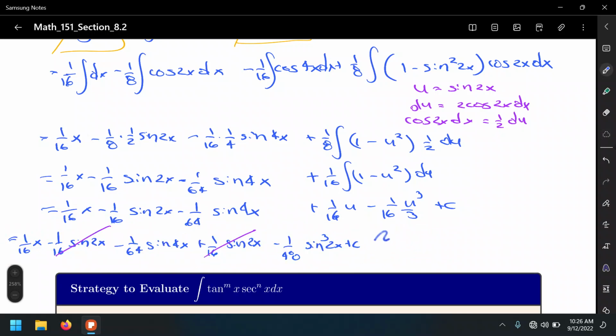This will be 1/16 x minus 1/64 sine 4x minus 1/48 sine squared 2x plus c. Final answer.